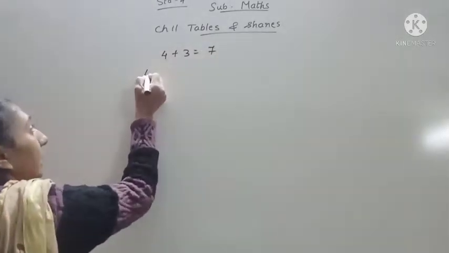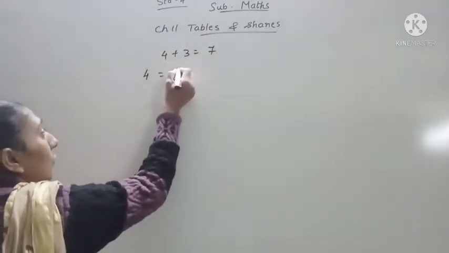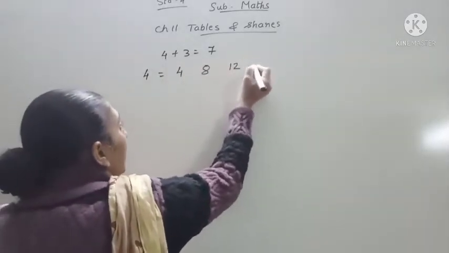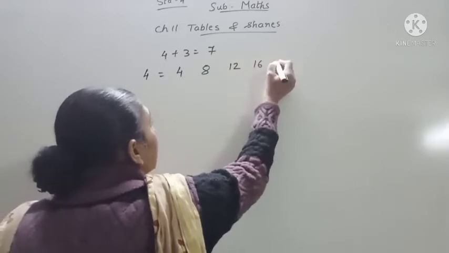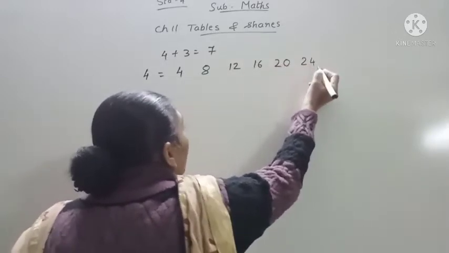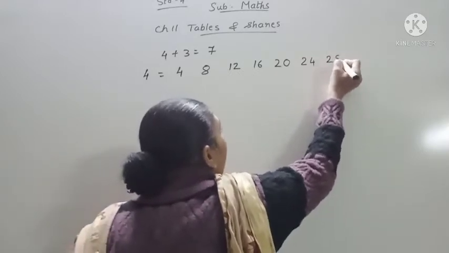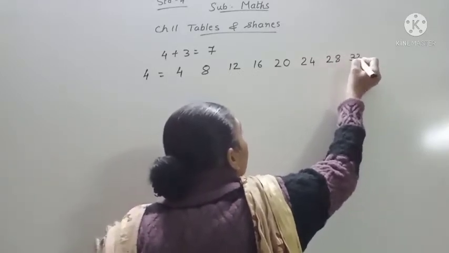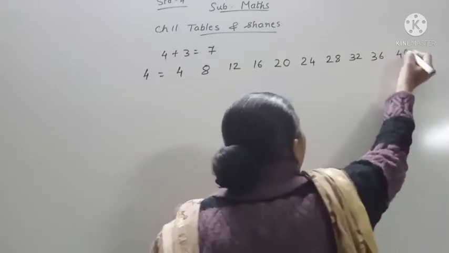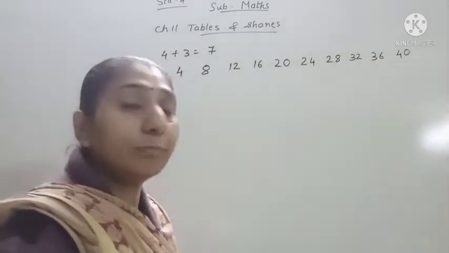Now first we will write the table of 4. 4 ones are 4, 4 twos are 8, 4 threes are 12, 4 fours are 16, 4 fives are 20, 4 sixes are 24, 4 sevens are 28, 4 eights are 32, 4 nines are 36, 4 tens are 40.